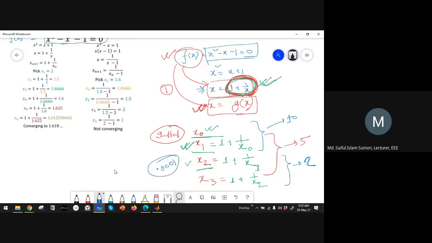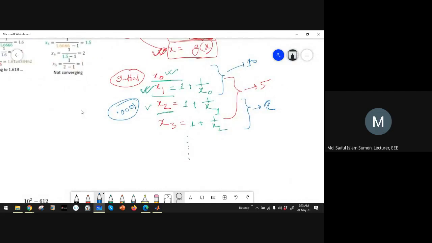So you need to go on like this until, suppose, x99. At that time the solution is so good that the difference between the previous one, x98, and x99 will be very small. At that time we have got our solution.